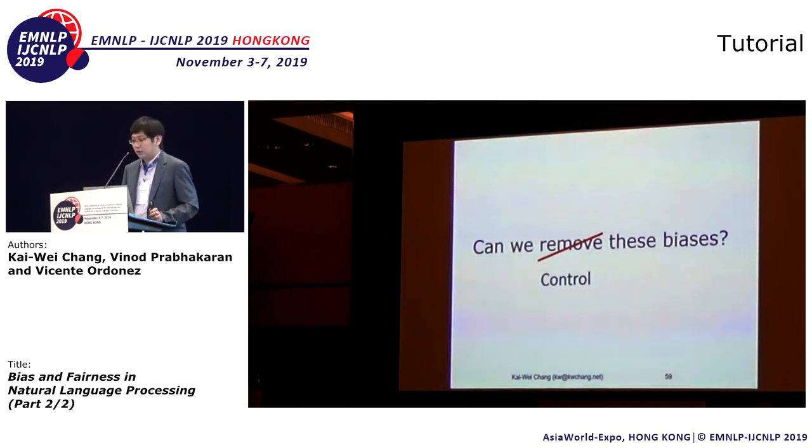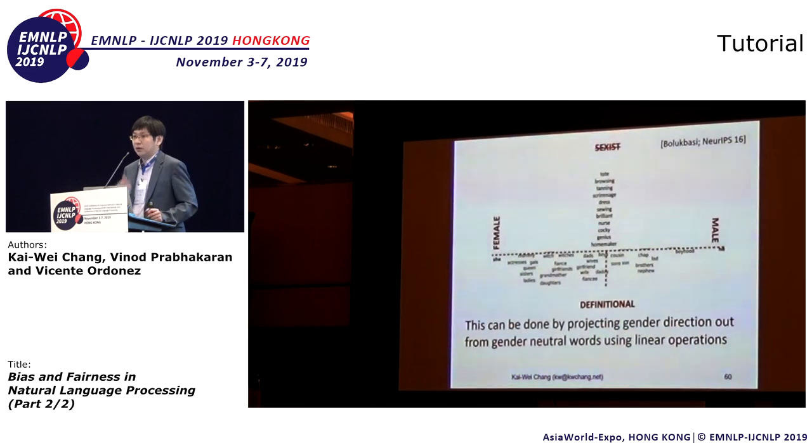So back to the NeurIPS paper. If we talk about the bias in the embedding space, because all the words sit in a linear space, this is a nice way where you can use some linear operator to project all the words to the null space of this gender direction.